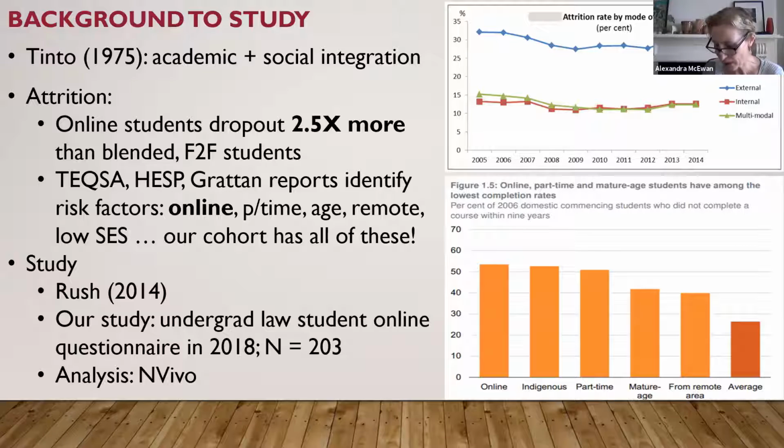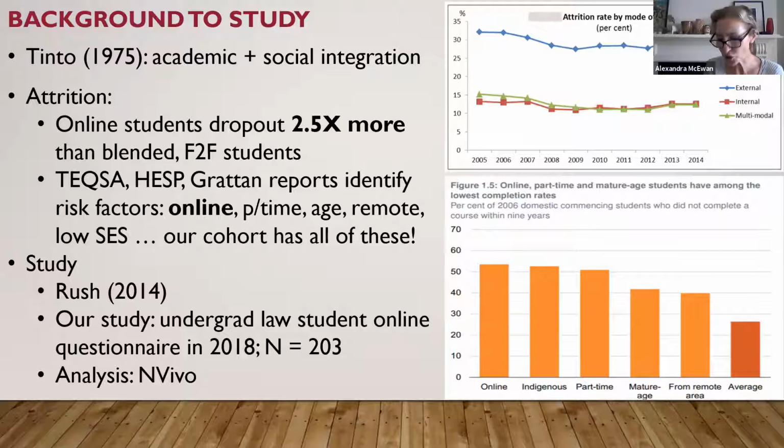And within that framework, he brought together various factors, two in particular, what he called goal commitment and institutional commitment on the part of the student. Goal commitment is reflected or evidenced in grades and intellectual development that occurs during the learning journey for students.